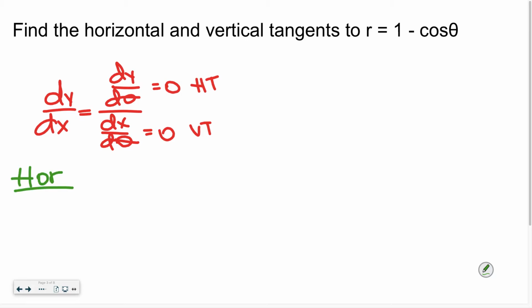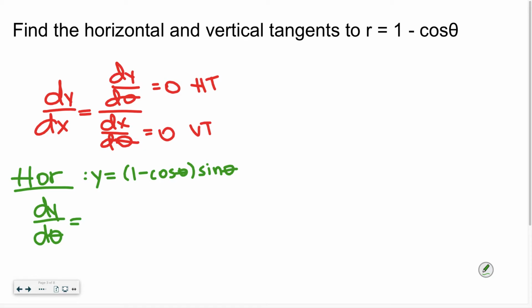Our horizontal tangents are going to occur when dy/d theta is 0. So let's figure out what dy/d theta is. If r is 1 minus cosine theta, then our y coordinates are all 1 minus cosine theta times sine theta, because y is r sine theta. Then we have to figure out where that's 0.